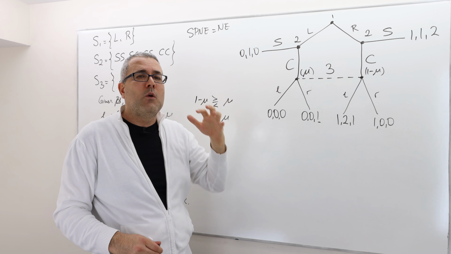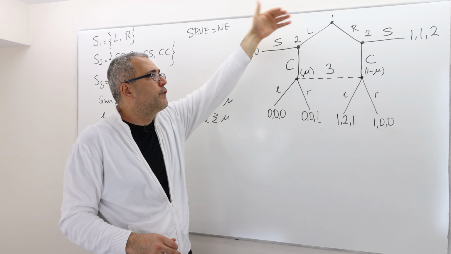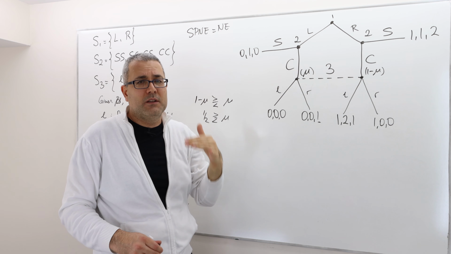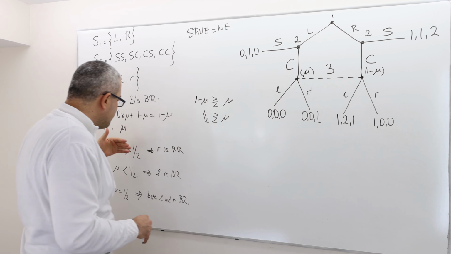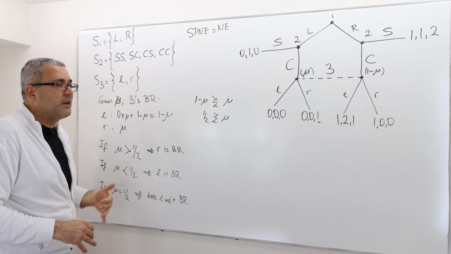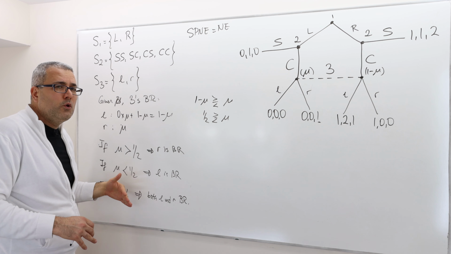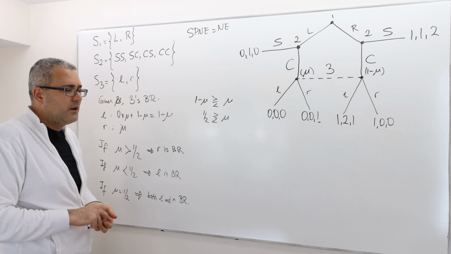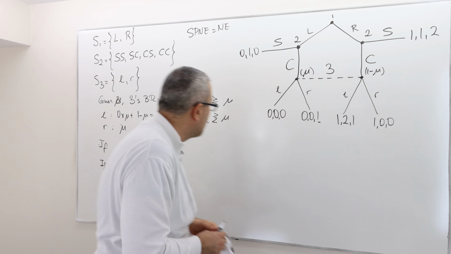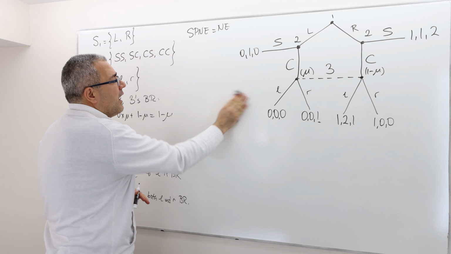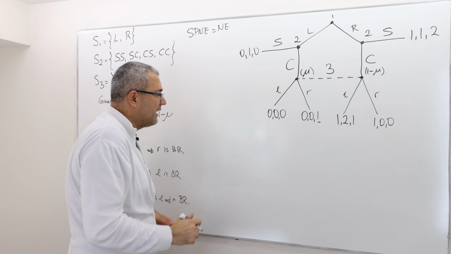So when I want to calculate the first and the second player's optimal strategies, I need to take this into account, because 3 different regions for mu will give us 3 different best responses. So, what does that mean? That means I need to create a case analysis.